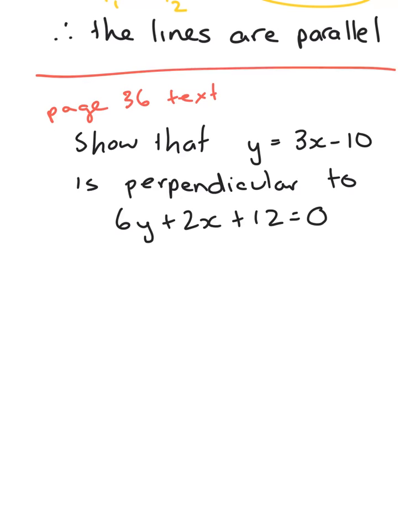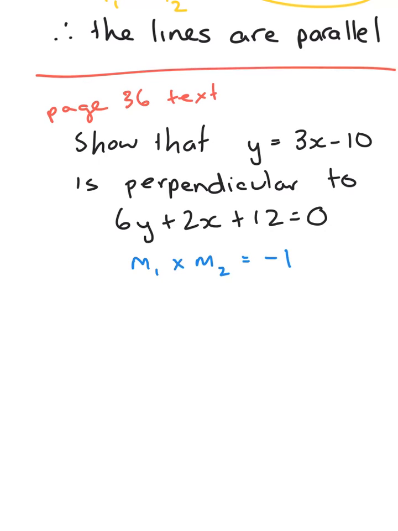Proving two lines are perpendicular. I've been asked to show that y equals 3x minus 10 is perpendicular to 6y plus 2x plus 12 equals 0. I need to recall that when two lines are perpendicular, the gradients multiply to give -1.